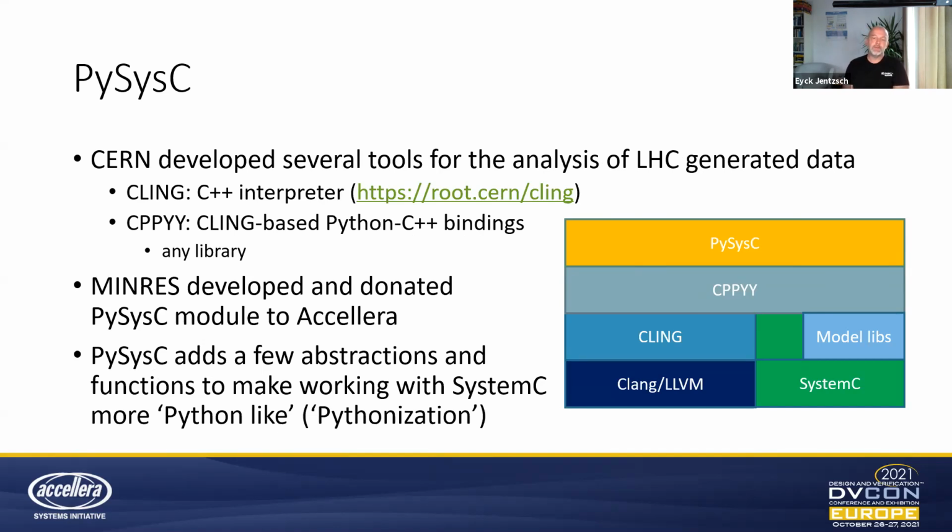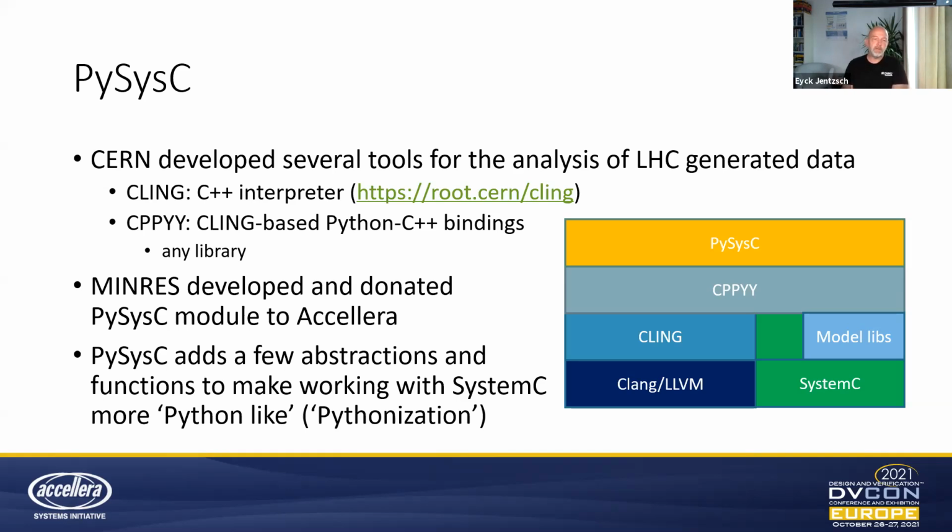But since most of the scientists do not know about C++, they wrapped it into some Python or Pythonization layer, called it CPPYY, so that you can use those high-performance algorithms from Python without preparing them. We just adopted this approach and developed the PySysC module on top of CPPYY, which adds a few abstractions and functions to make working with SystemC more Python-like. This is called the Pythonization.